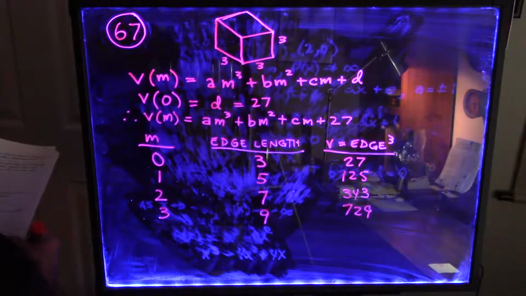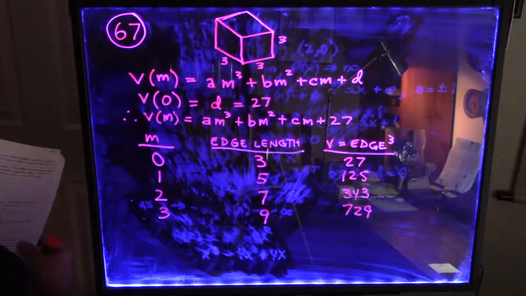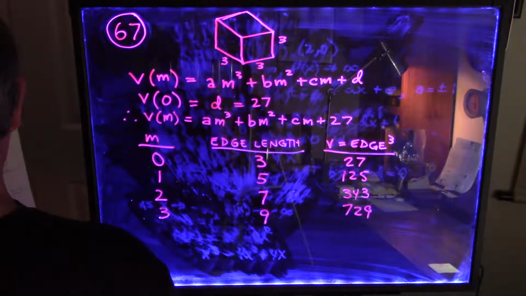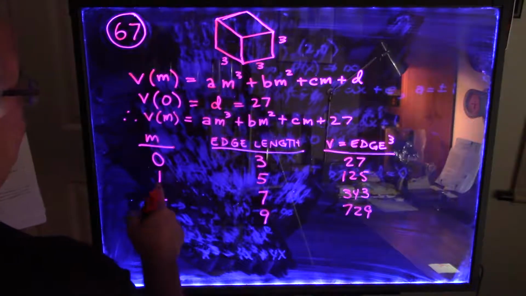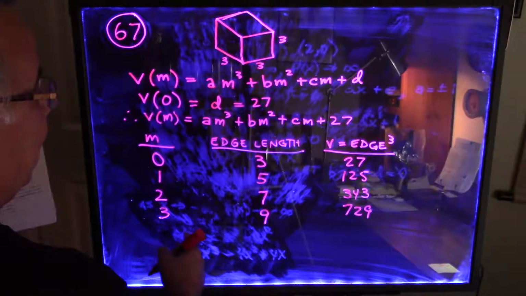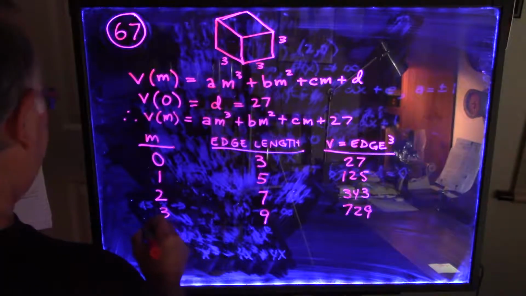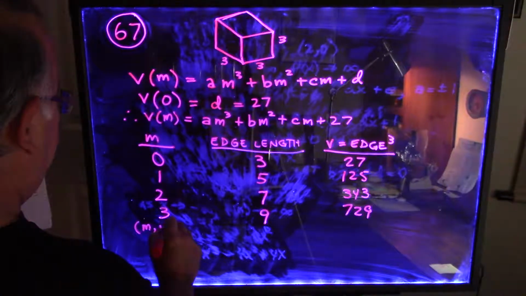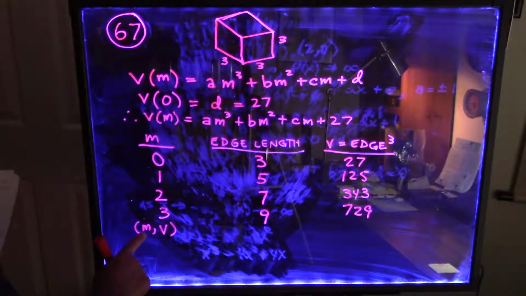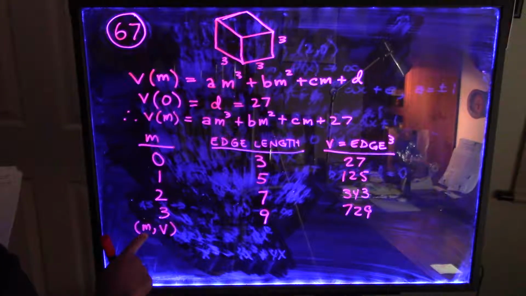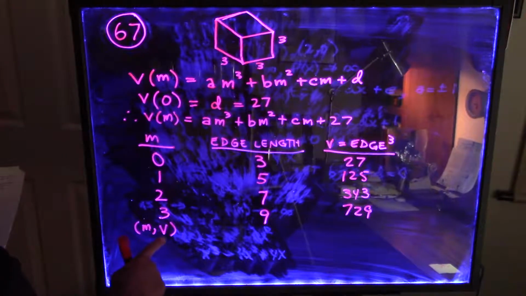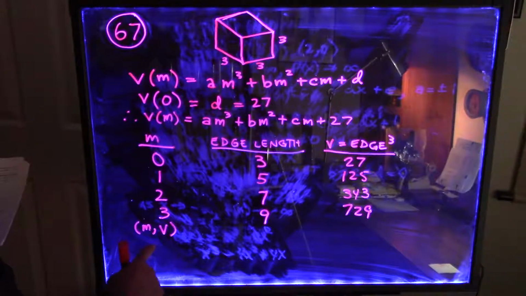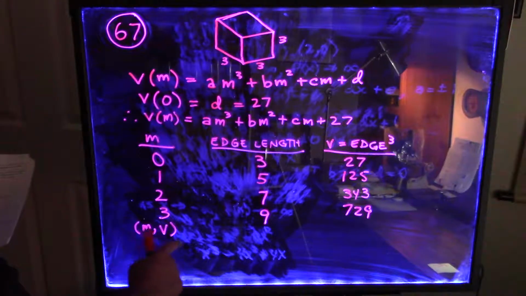Now what we get from this table are 3 ordered pairs. We're going to use m equals 1, 2, and 3 and get 3 ordered pairs, m, V, capital V, for volume. In other words, the first coordinate is the minutes, the second coordinate is the volume. Why am I using m and V and not edge length?